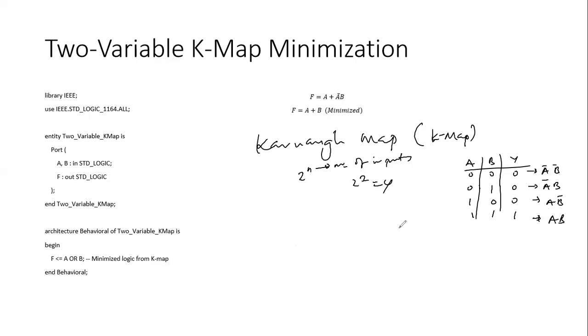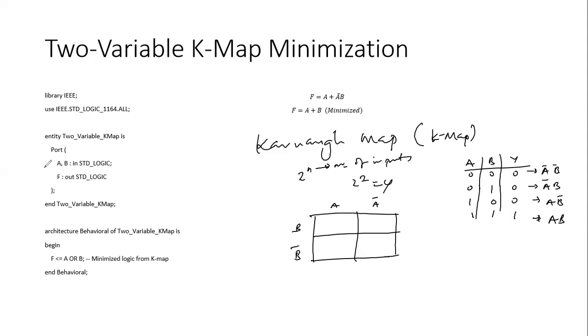Okay. So we already mentioned that the number of squares we have in the K-map is equivalent to the number of lines. We have 1, 2, 3, 4 lines here. So we have 4 boxes here, okay? So if this is A and this is A bar, it means this is 1, this is 0. Let's use a different color for that. And then this is B, B bar.